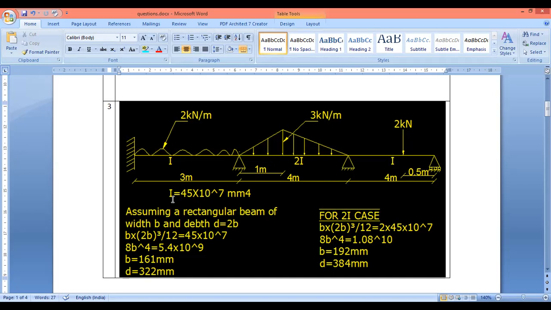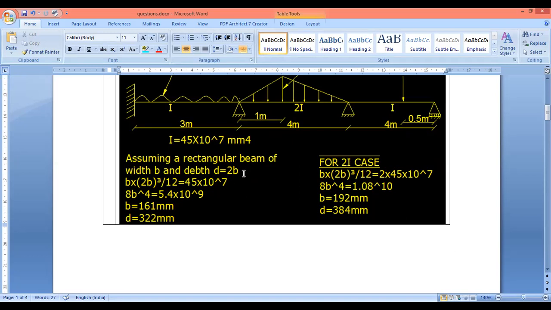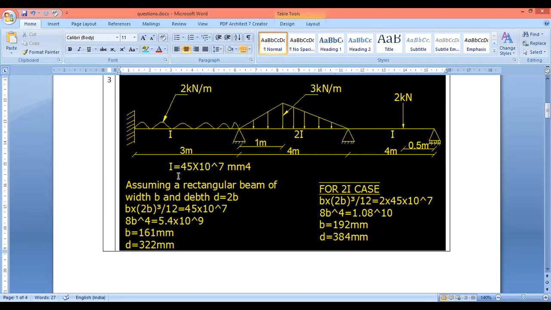And in the problem, they have given the I value as 45 into 10 power 7 mm to the power 4. In such a case, for the value of I, we should find out the breadth and depth of the section. For that, we will assume a rectangular beam whose width is B and the depth is 2 times B. So the I value has been given as 45 into 10 power 7 mm to the power 4.